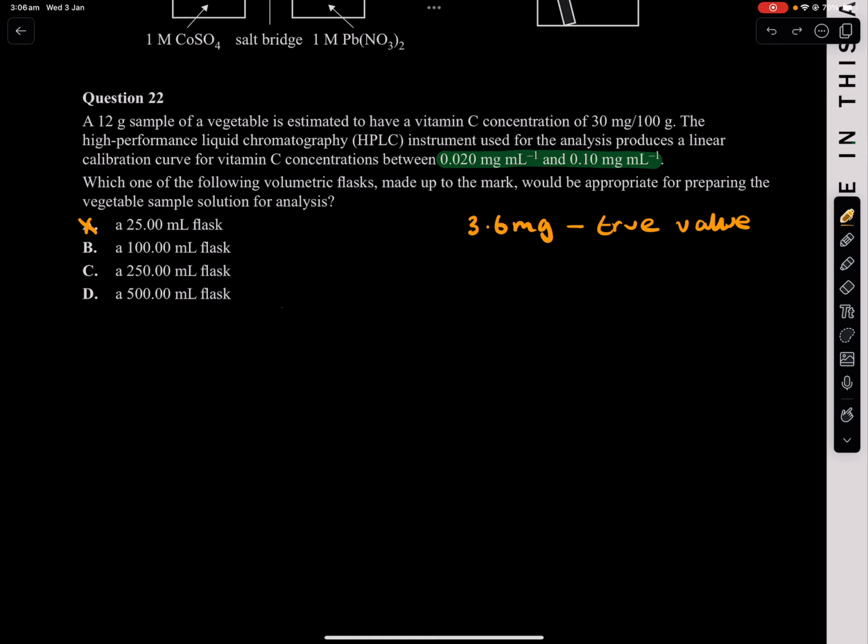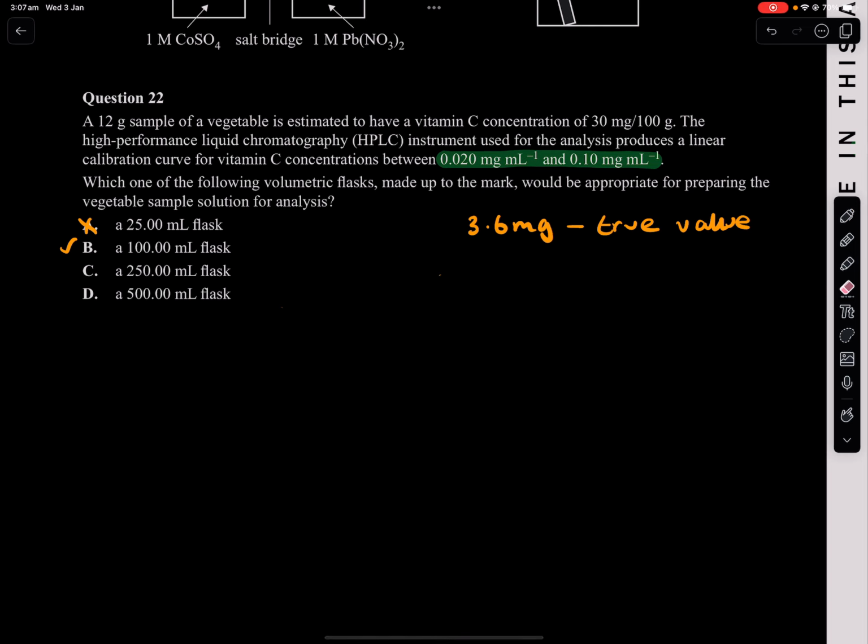Using 0.020 milligrams per milliliter, which in this case is 100 times 0.020, it'll be 2 milligrams, to 100 times 0.1, so to 10 milligrams. Yes, 3.6 is in between that, so it could be a possible answer. We're gonna put a tick on this, but let's try the other ones first.